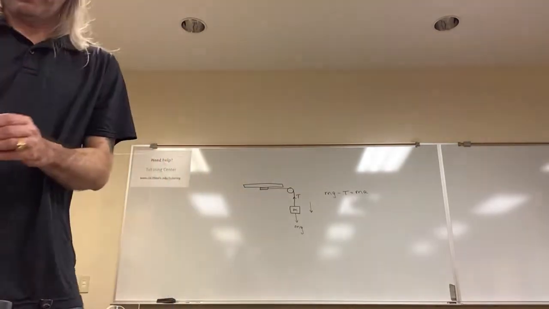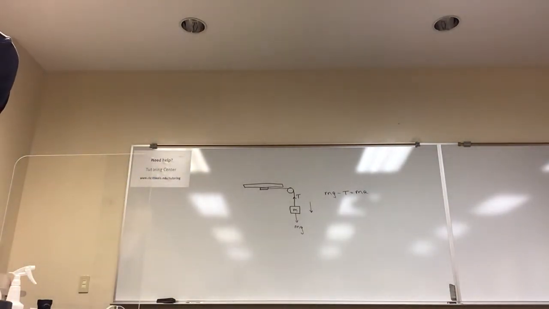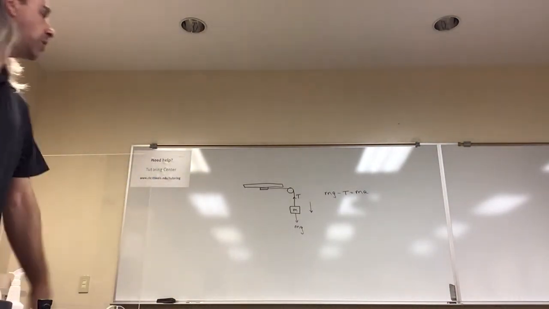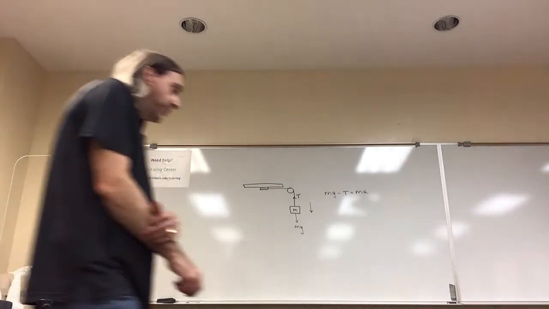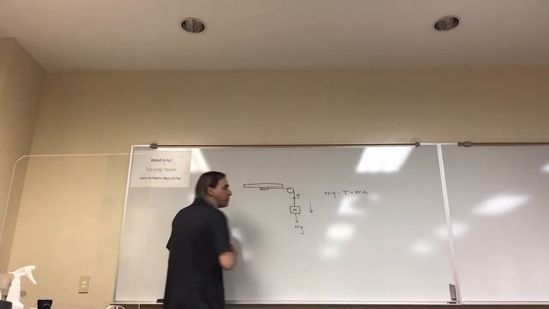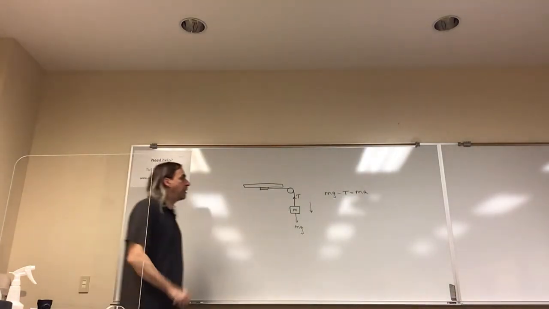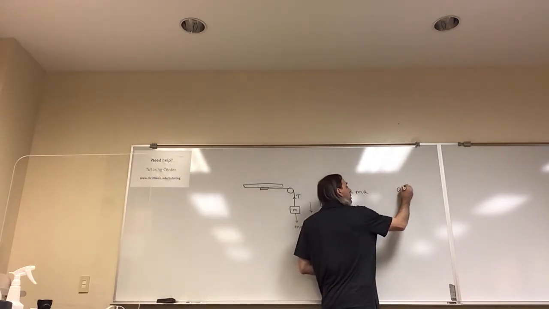This is called a smart pulley. It can measure the angular acceleration. That's what we're actually going to be measuring here, the angular acceleration of the rotation of this pulley. And that's related to the linear acceleration by a equals r alpha.